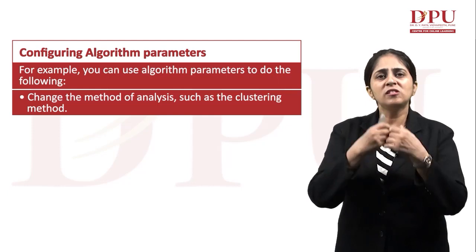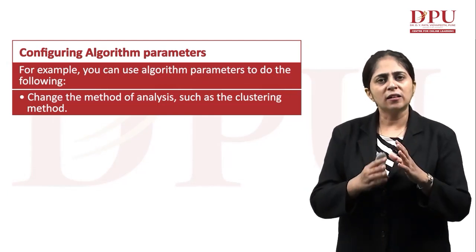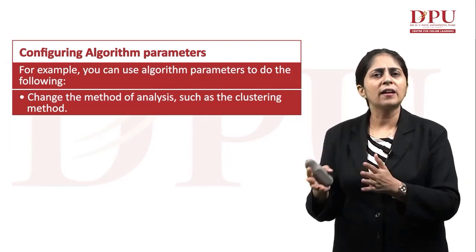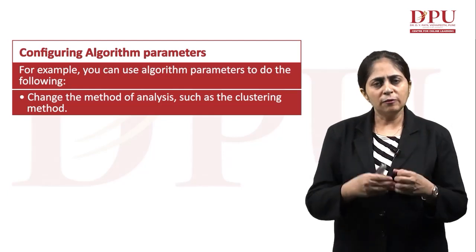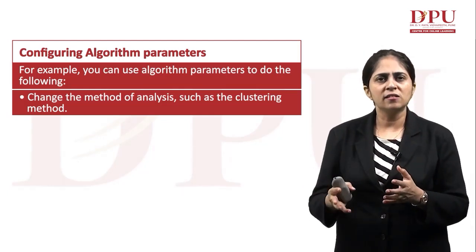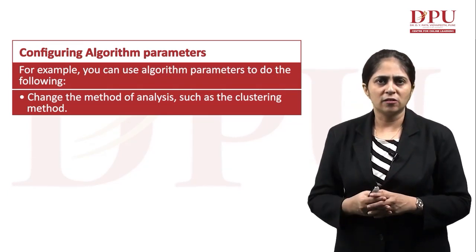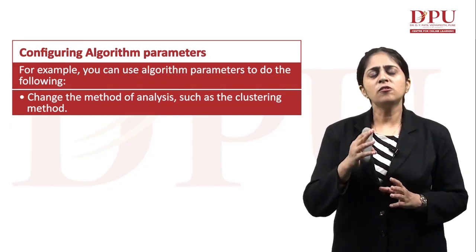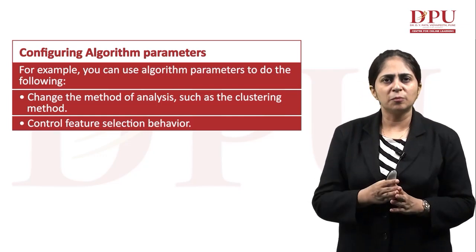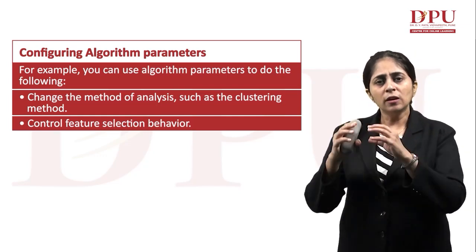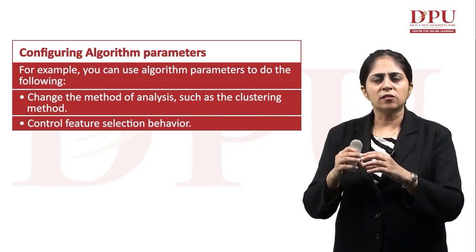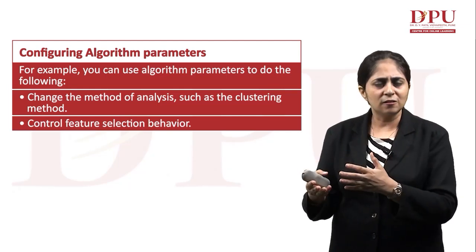If we want to change our method of analysis, what kind of analysis do we want? At that point of time, we can use the algorithm parameters. Next, to control the feature selection behavior. We want to control that our selected features behave in a particular way.